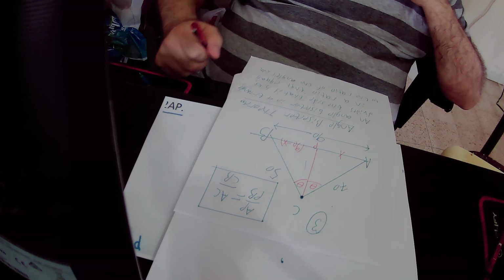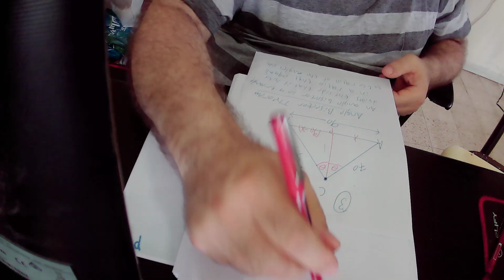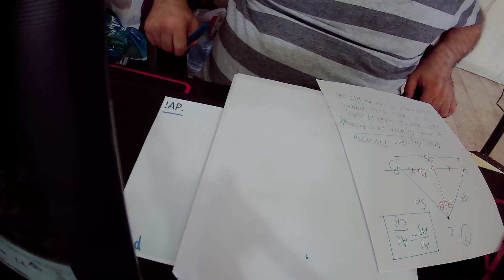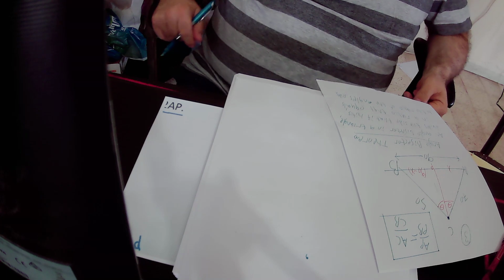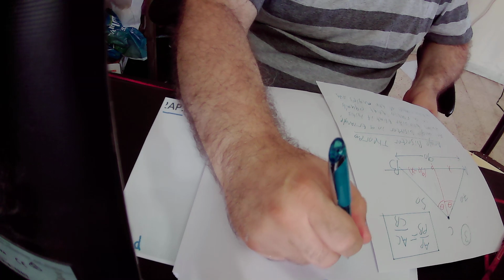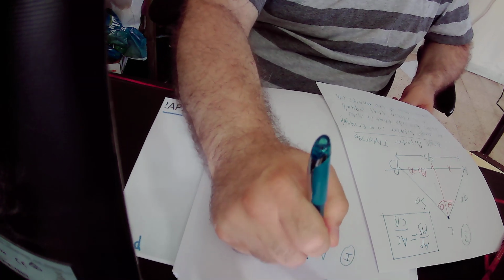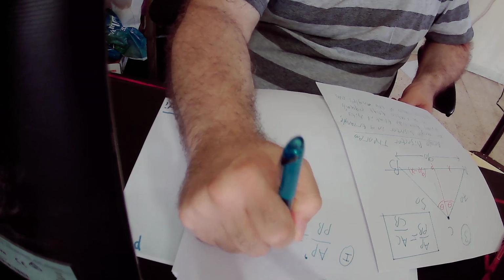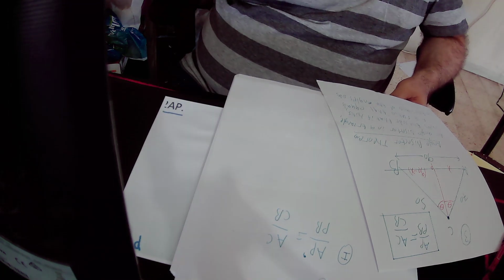So we can write again the equation that is derived from the angle bisector theorem. We will mark it as equation 1. Equation 1 says that AP over PB equals AC over CB. Okay?